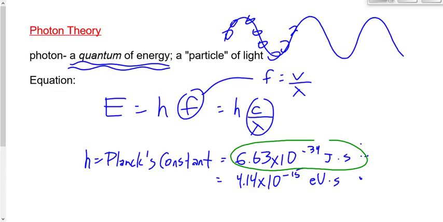But I will say this right now. If throughout this unit you're getting confused as to when you can use joules, when you can use electron volts, you're getting a little bit mixed up, then I would suggest to you always use the top one. The top one can always work.